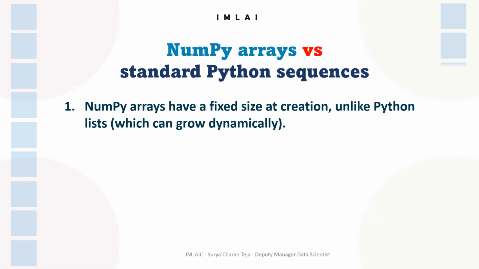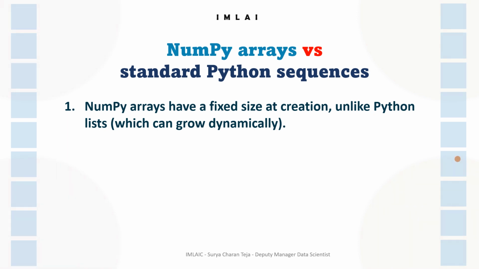Python lists can grow dynamically. Changing the size of an ND array will create a new array and delete the original. The point to be remembered, keep this in your mind. Changing the size of an ND array will create a new array and delete the original.